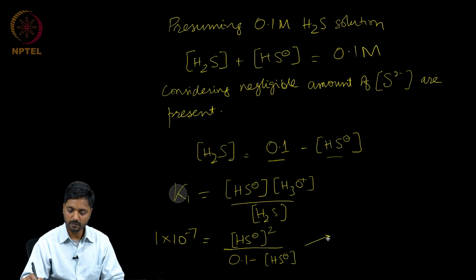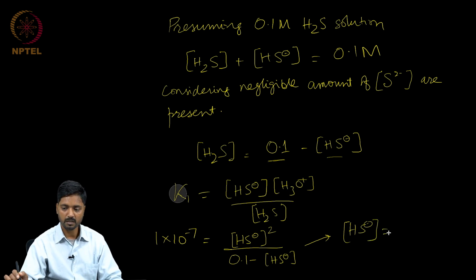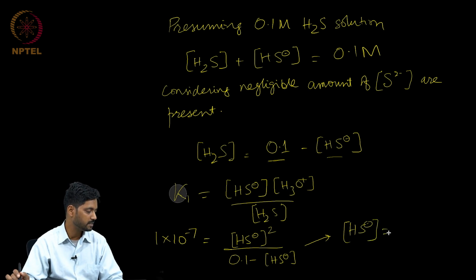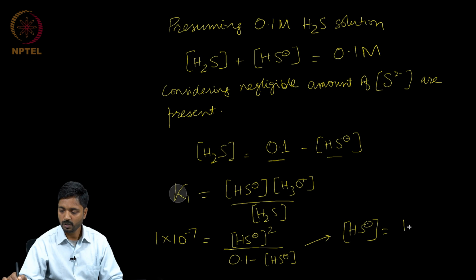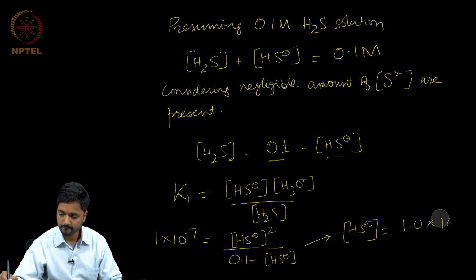Now, when we solve this, we get the HS minus ion concentration under these conditions as 1.0.